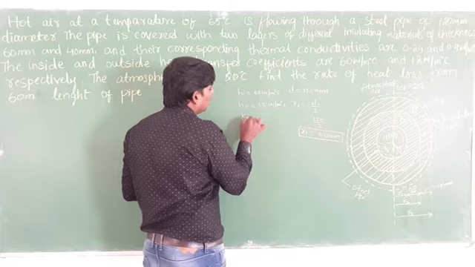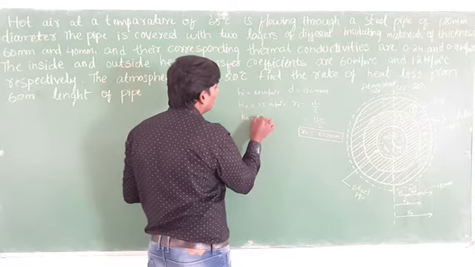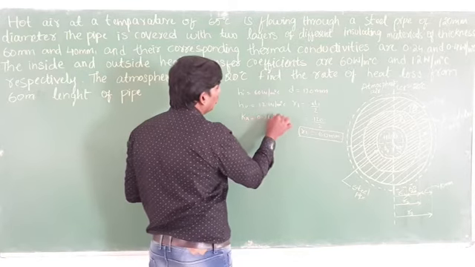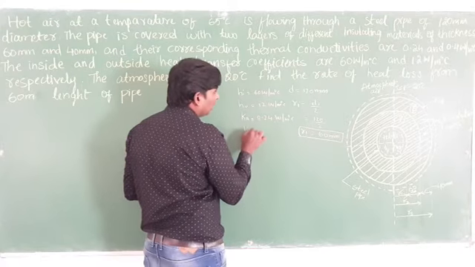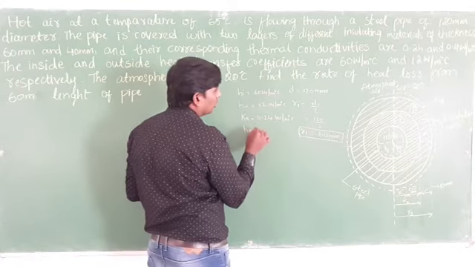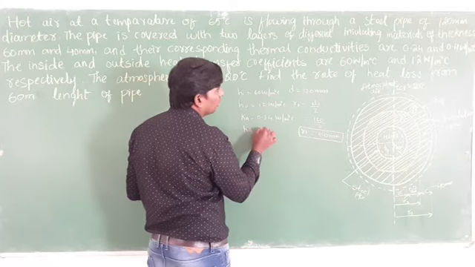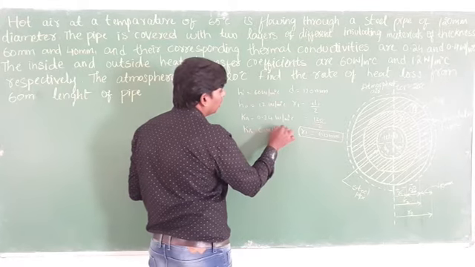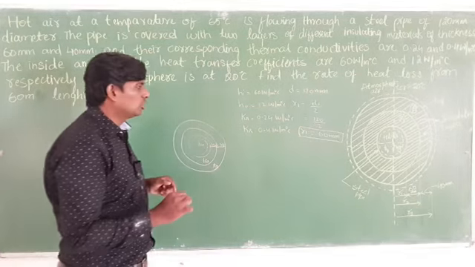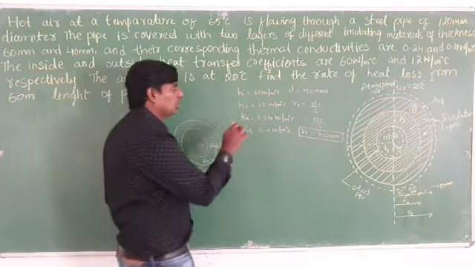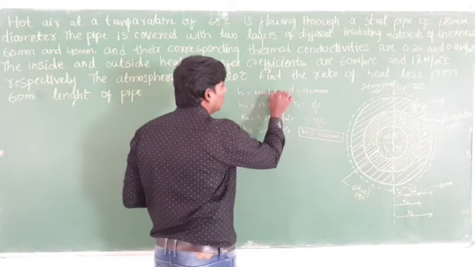Ka you have to take as 0.24 watt per meter degree centigrade and Kb is given as 0.4 watt per meter degree centigrade. Okay? Hi, Ho, Ka, Kb. Here meter square will be there, the unit of this one is meter square.